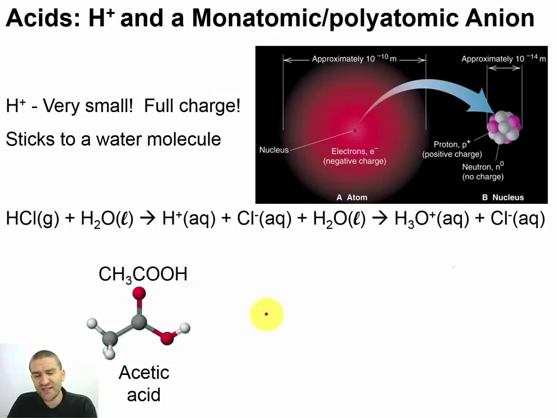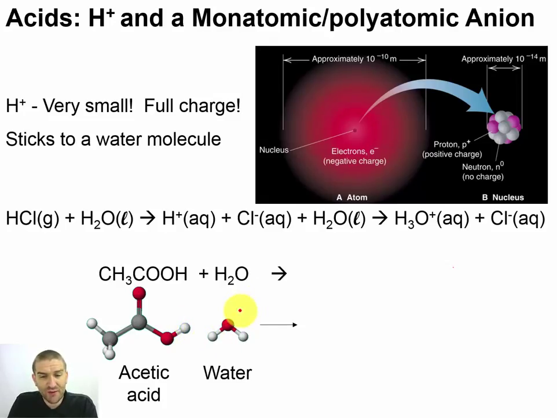Now, let's take a look at acetic acid as an extra example. With acetic acid, I'm hoping that you recognize that there's the acetate ion right here, and this H plus can pop off, and if it does, it leaves behind the negative charges from these electrons, making the minus charge stick on this oxygen, and it becomes that tiny little particle of positive charge.